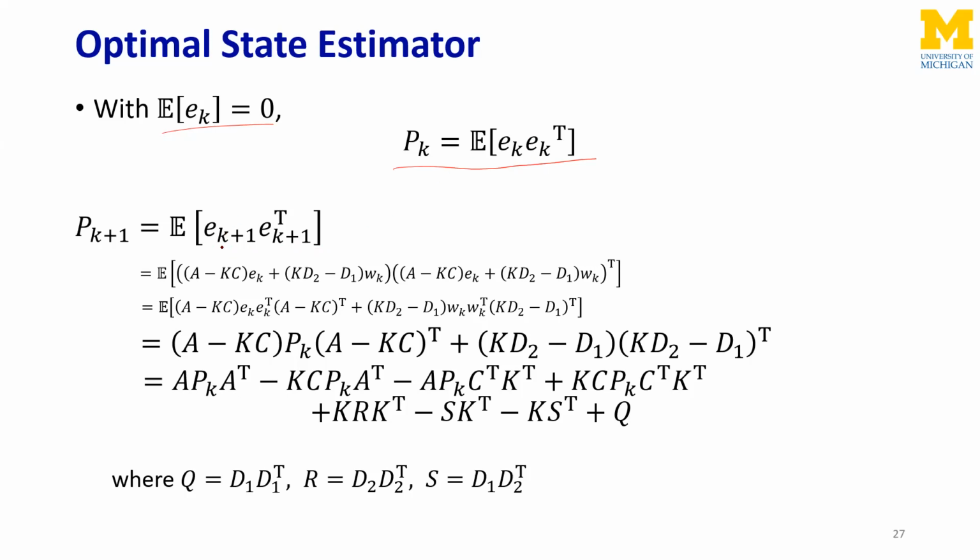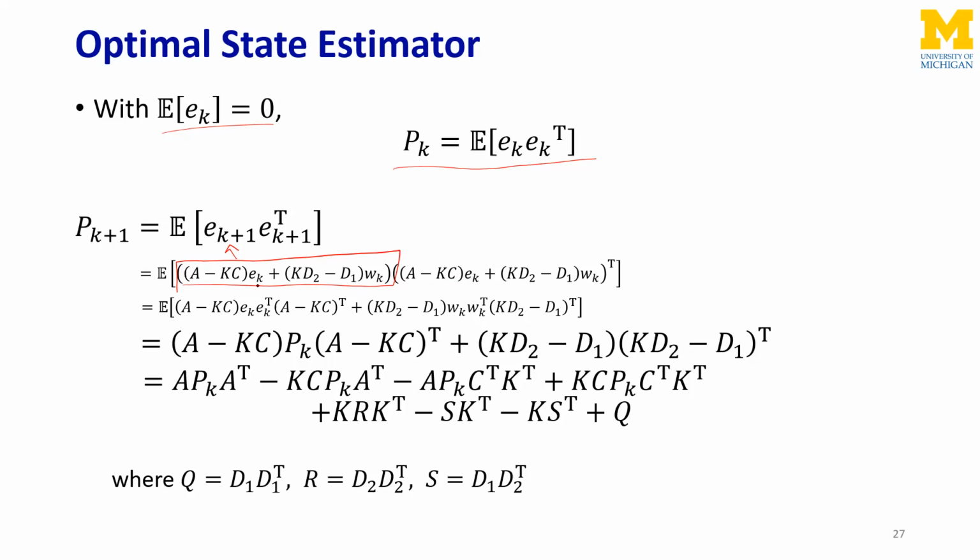And we actually know the expression of E_{k+1}, because we know the dynamics of E_k. So we can put back the expression of E_{k+1} here, and we transpose the whole thing, put it here, and then carry out all the multiplications.